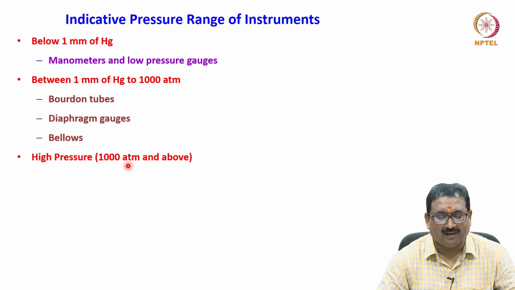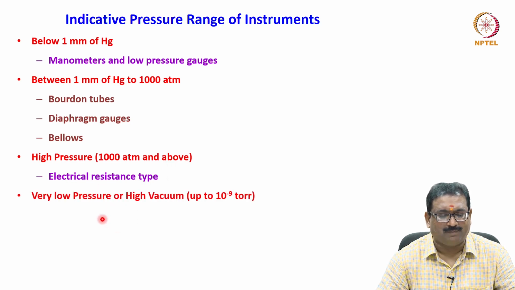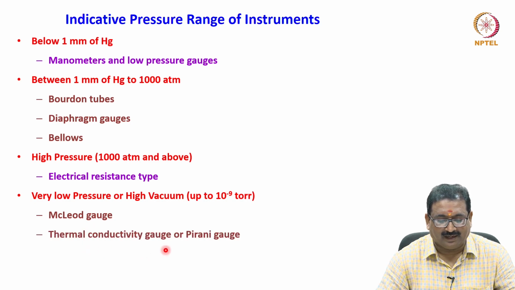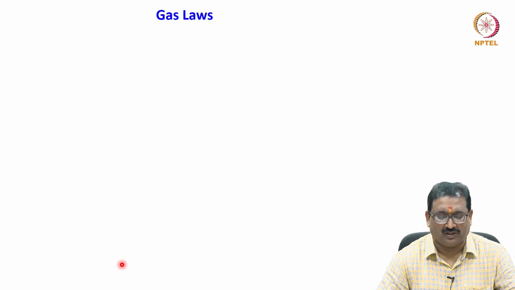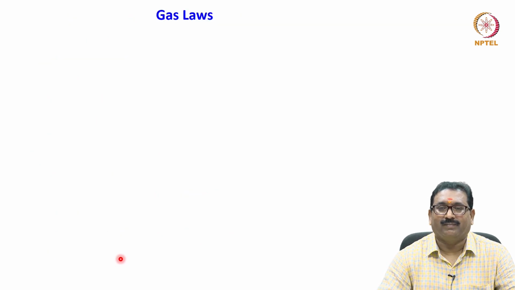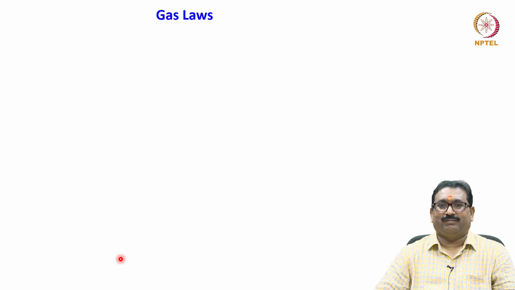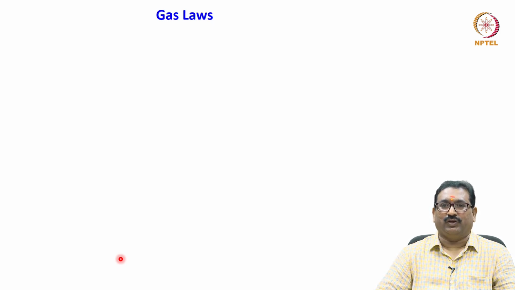High pressure means 1000 atmospheres and above, where we use the electrical resistance type. Very low pressure or a high vacuum up to 10 to the power of -6 torr, we use McLeod gauge, thermal conductivity gauge or Pirani gauge, ionization gauge. There are various instruments for measuring the different levels of pressures.